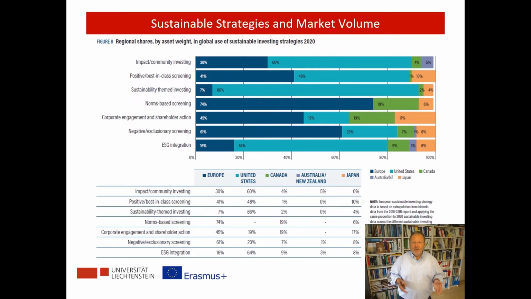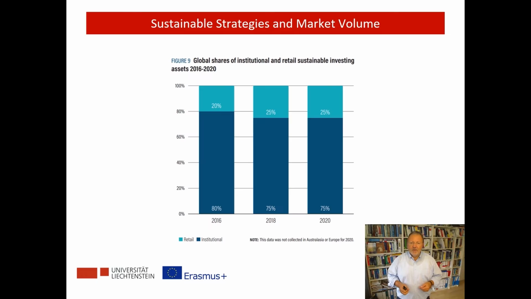For example, Europe historically made up the majority of assets with norms-based and negative exclusionary screening strategies. On the next slide, we have global shares of institutional and retail sustainable investing assets between 2016 and 2020. Although institutional investors tend to dominate the financial market, interest by retail investors in sustainable investing has been steadily growing.